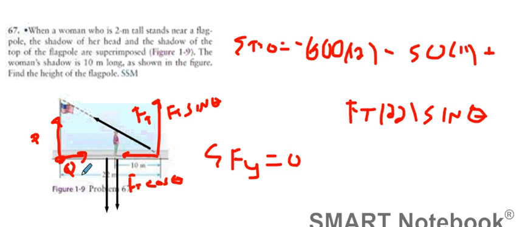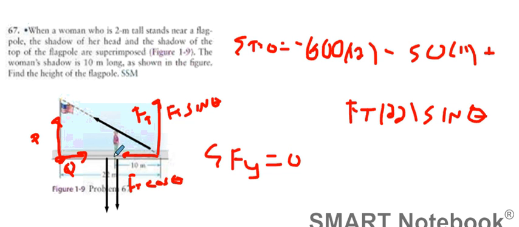I'm just giving them variables so they can be called something. You can call this one Py and this one Px if you'd like. Anyways, these two oppose each other and add up to 0. So you have a Q in this direction, minus force tension cosine theta in that direction.